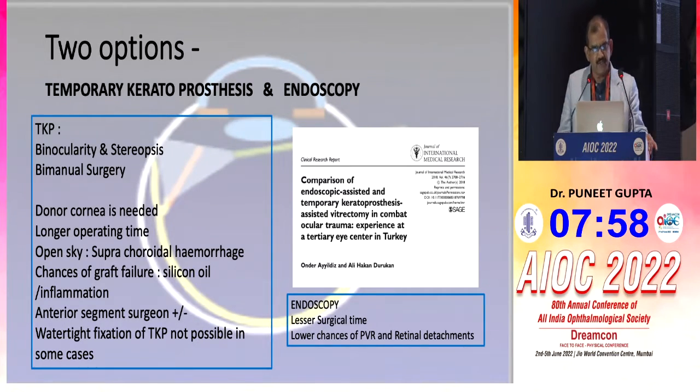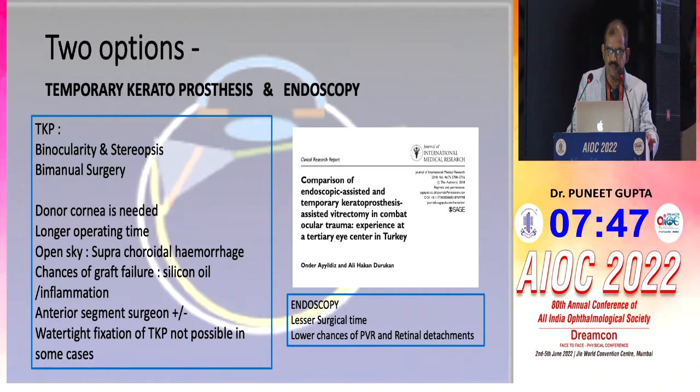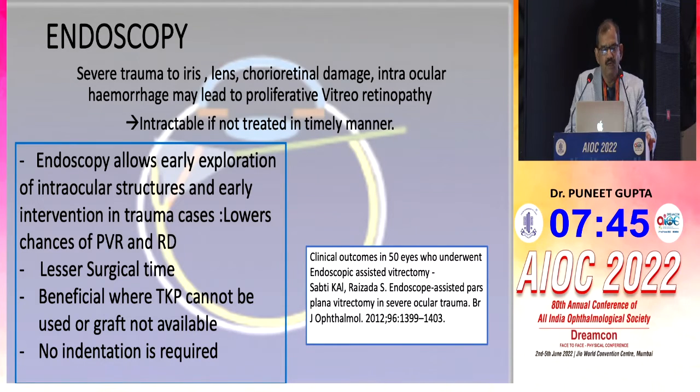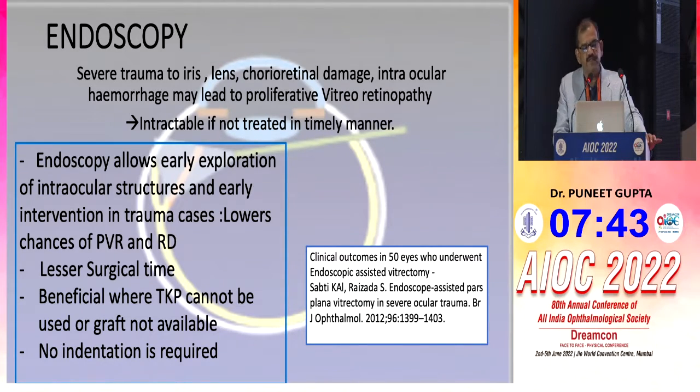The advantage with endoscopy is that you have lesser surgical time, and that's why there are lower chances of developing proliferative vitreoretinopathy and retinal detachment. Severe trauma to the iris, lens, chorioretinal damage, and intraocular hemorrhage may all lead to proliferative vitreoretinopathy, which may become intractable if not treated in time.